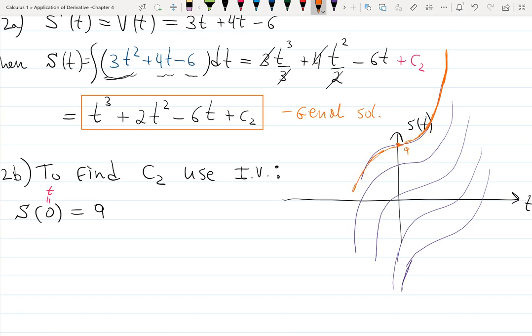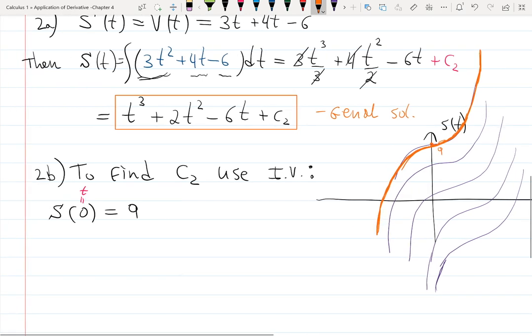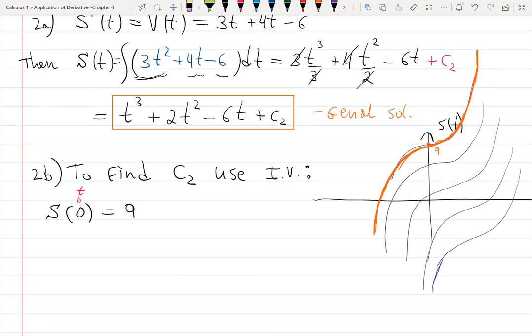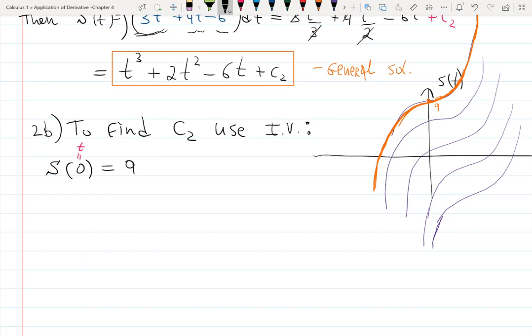This is the function I choose as the particular solution. This particular solution was chosen from the family of solutions. General solutions. From the general solution, we're choosing a particular solution. I'm plugging in, so plug t equals 0 and s equals 9 into double star.